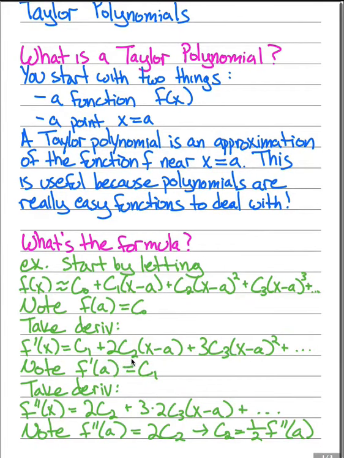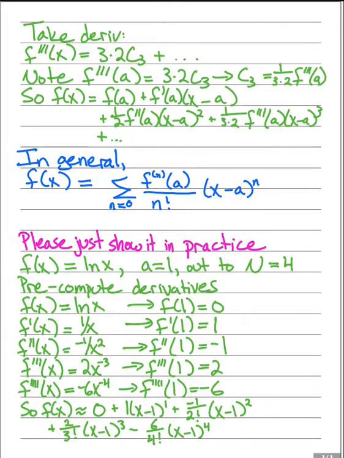So f prime of a equals c1. Let's take a derivative again. If you do it, you find that f double prime of a equals 2c2, or c2 equals 1/2 f double prime of a. Okay, and you can do this another time. You're going to find that f triple prime of a equals 6c3, so that c3 equals 1/6 f triple prime of a.